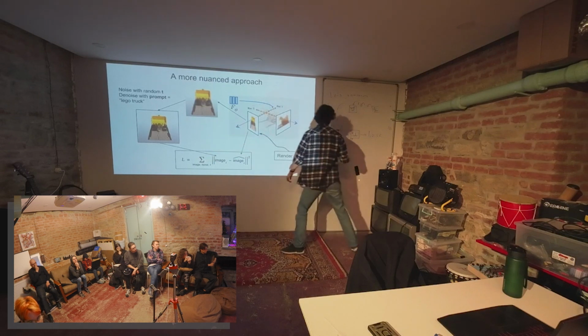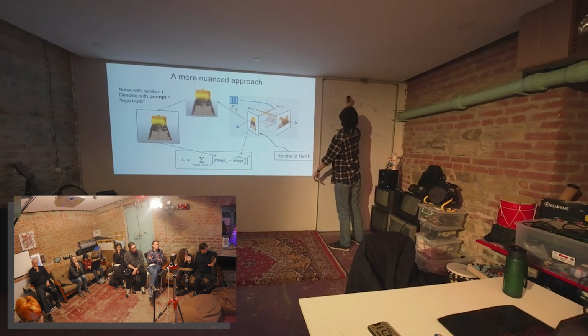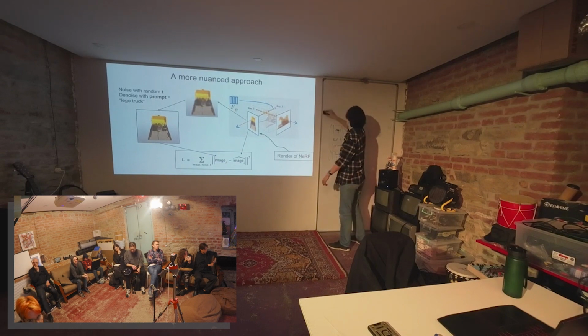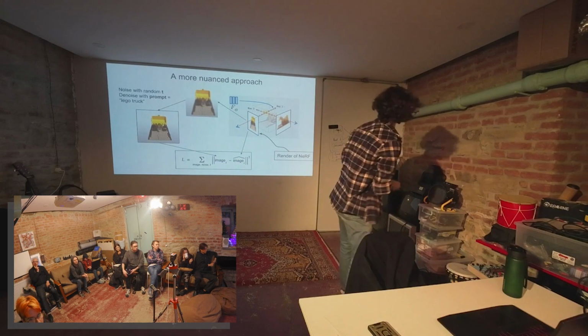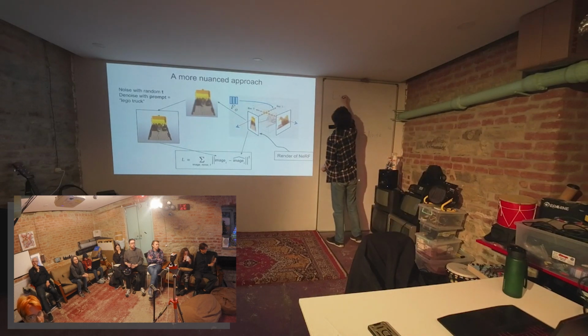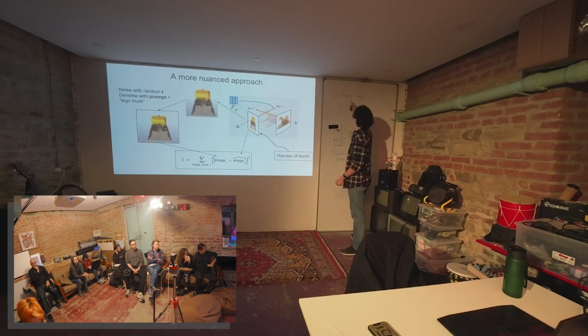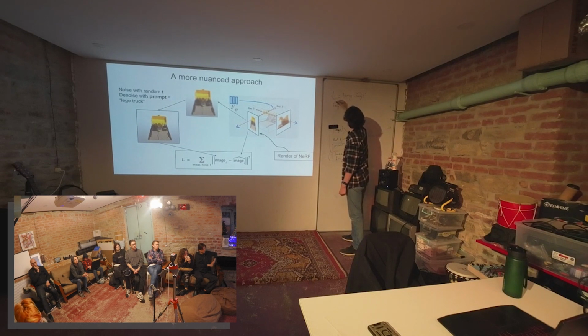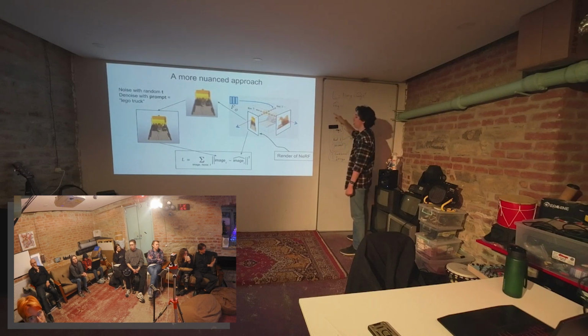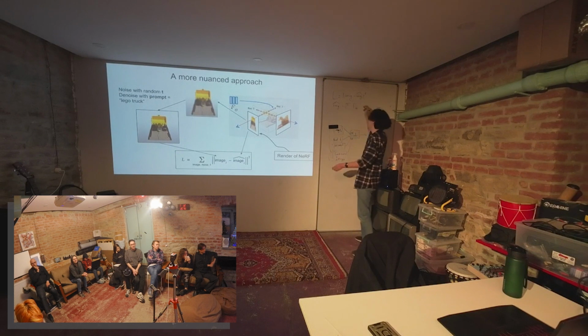The way it works is, the loss is like the difference between the render and the denoised image, squared.